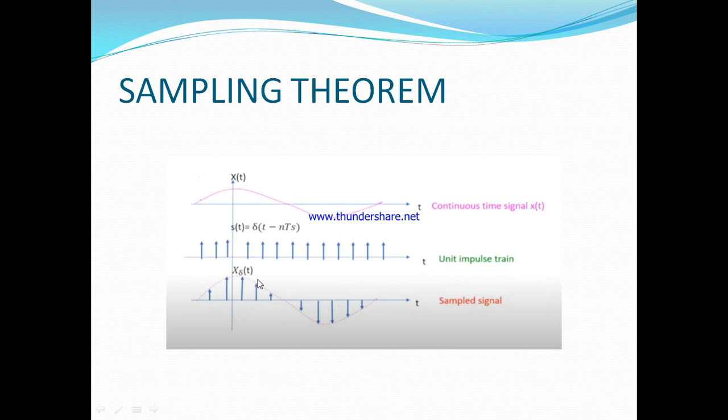This is the sampled signal x delta of t. The continuous time signal and the unit impulse train are multiplied, and we get the sampled signal x delta of t in the time domain.